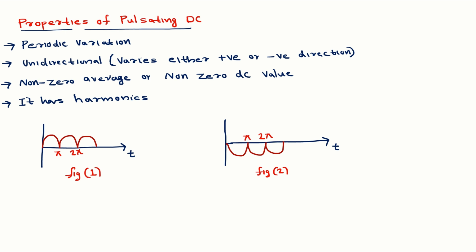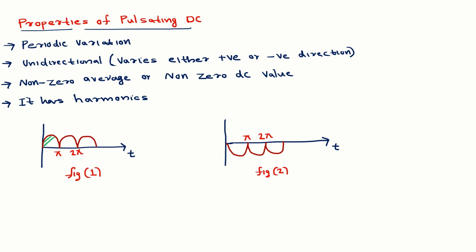Remember, I have already told you how to find the average value. We can integrate, or take the area of, the signal over the full time period. In this example, the fundamental time period is pi. So to find the average value or DC value, take the area of this waveform over the time period of pi.